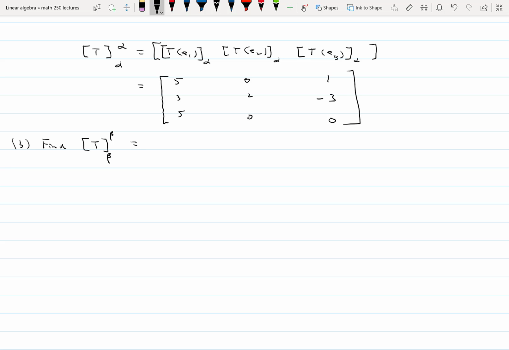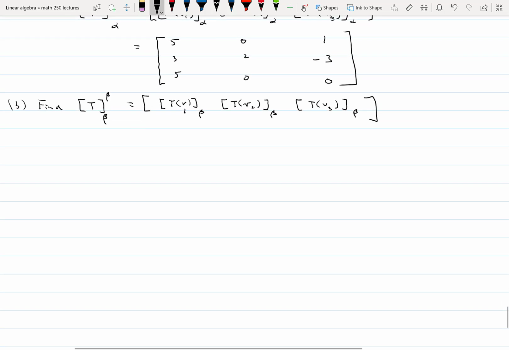Well, this is still nothing more than the matrix composed of the columns whose entries are the coordinates of the transformed basis vectors: T of V1 with respect to beta, T of V2 with respect to beta, and T of V3 with respect to beta. And these coordinates are not so simple.